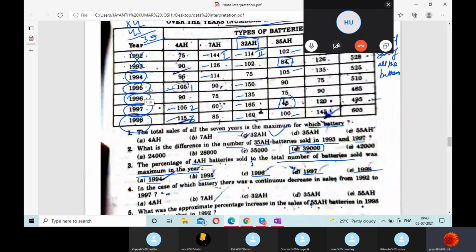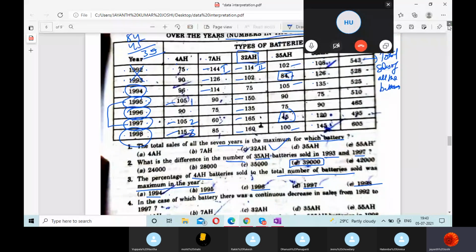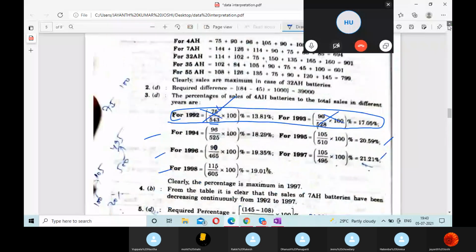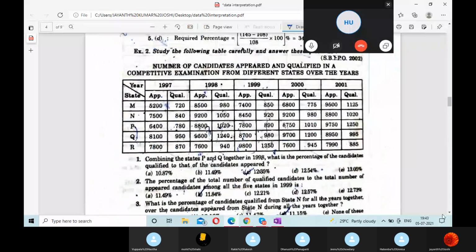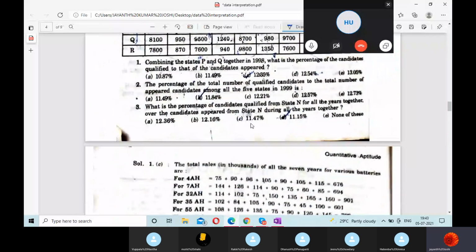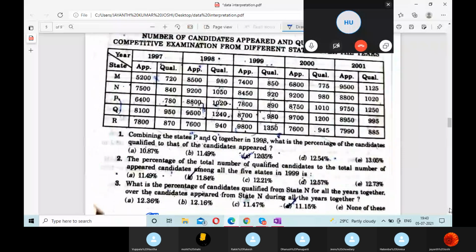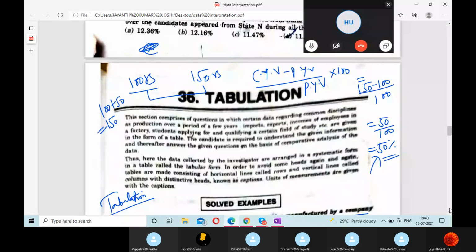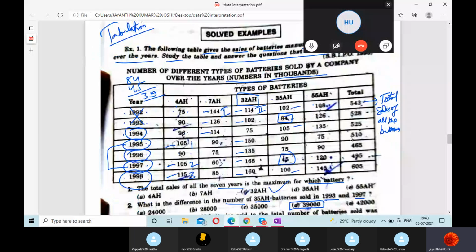See, 95 and 97 are having the similar number of sales, 105 and 105. Now let us come here. So 105 divided by 510, 105 divided by 495.